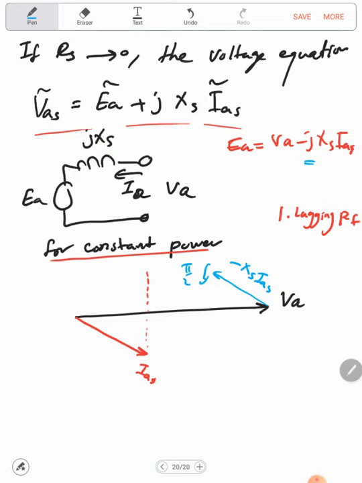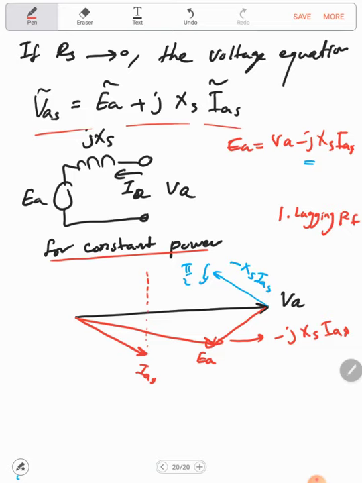So simply we will have this one, which is the minus J XS IAS, and now this will be EA. This is for lagging power factor.